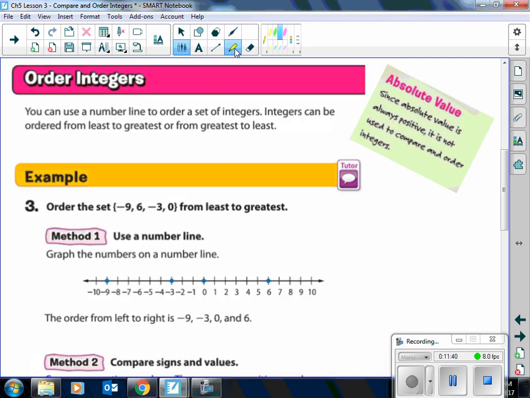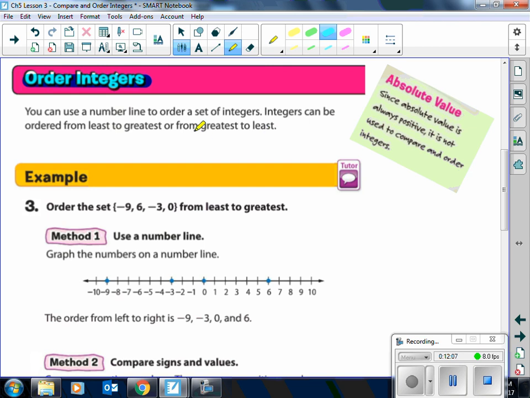Here we are going to order integers. That doesn't mean, may I have a 4 and a 5, please? No, that's not what that means. That means you're going to put them in order from least to greatest or greatest to least. You can use a number line in order to order a set of integers. Integers can be ordered from least to greatest or from greatest to least.